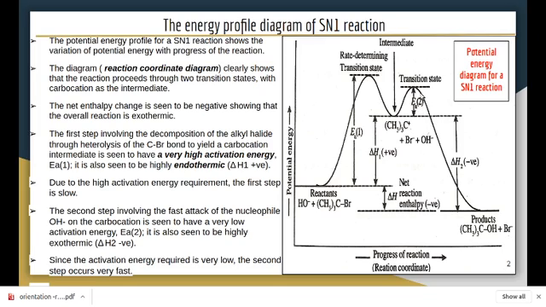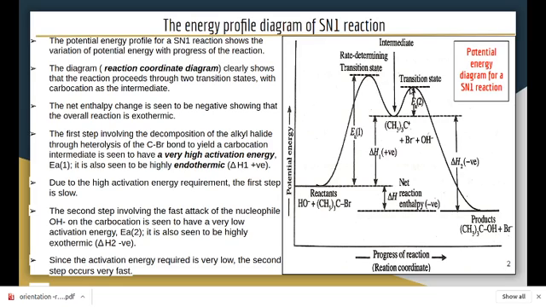Then after the formation of transition state 2, it will release energy and form a stable bond, that means the nucleophile will form a stable bond with carbon. So tertiary butanol will finally form and will release energy.